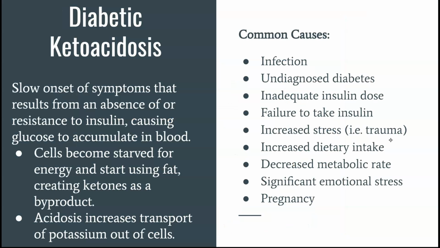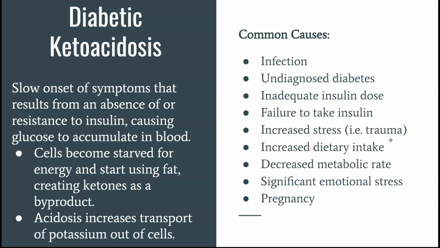On the other side, you have hyperglycemia, or the end results of hyperglycemia, which are diabetic ketoacidosis and hyperosmotic non-ketoacidosis hyperglycemia. First, diabetic ketoacidosis.